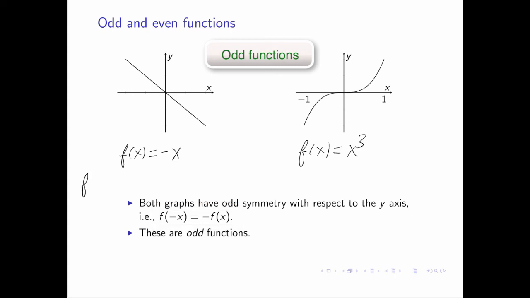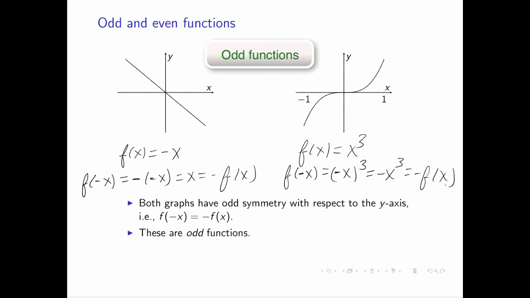So here f(minus x) is minus x, which is equal to minus f(x). And on the right hand side, f(minus x) is equal to minus x all cubed, which is equal to minus x cubed, which is equal to minus f(x).